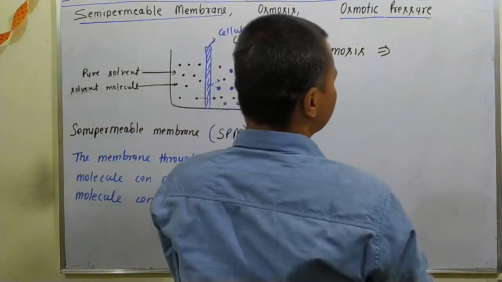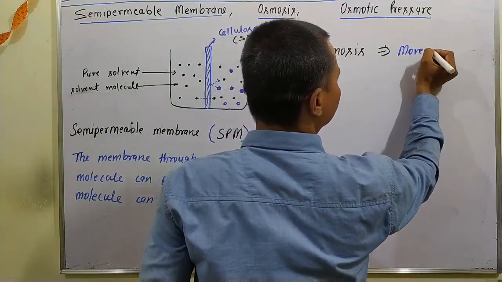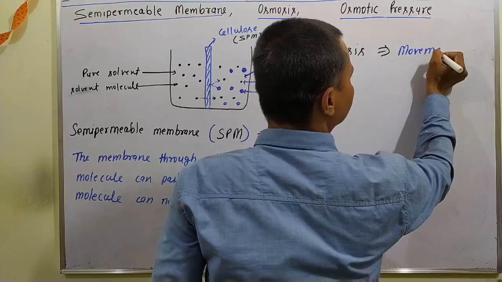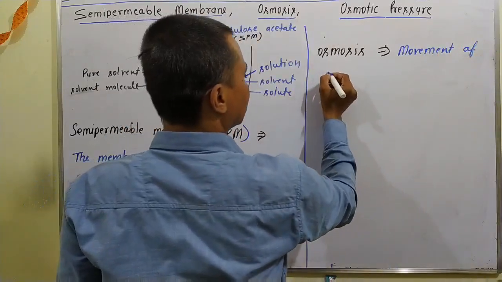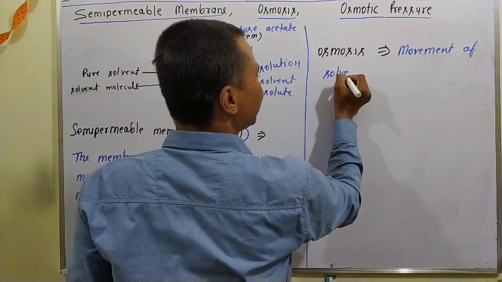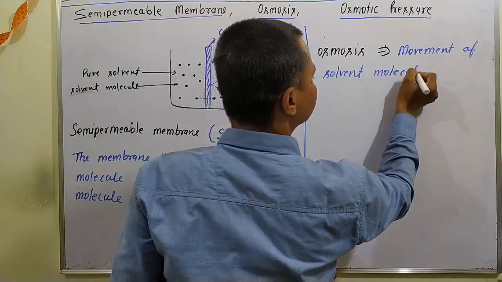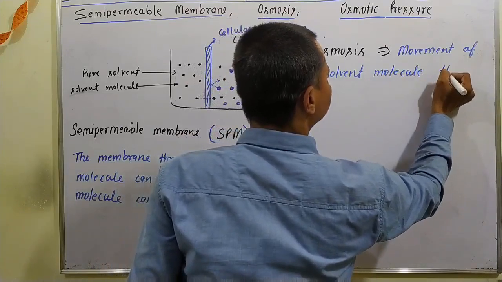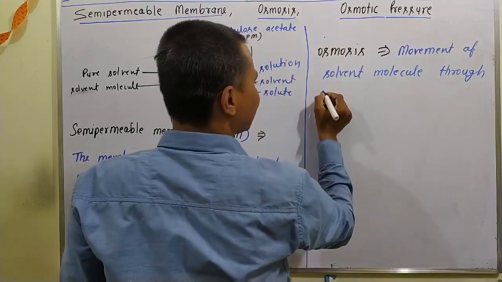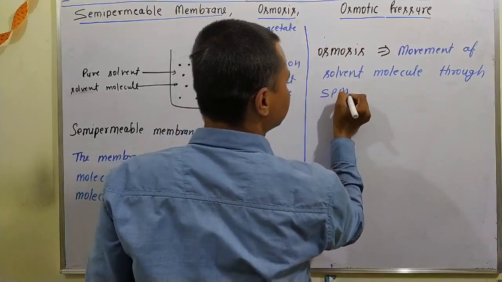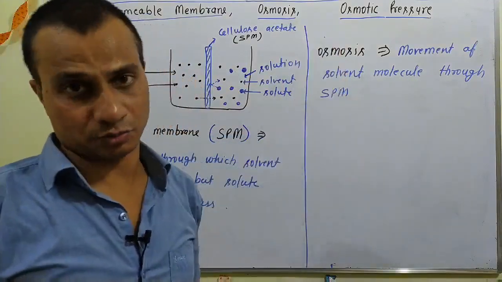Movement of solvent molecules through SPM is called osmosis.